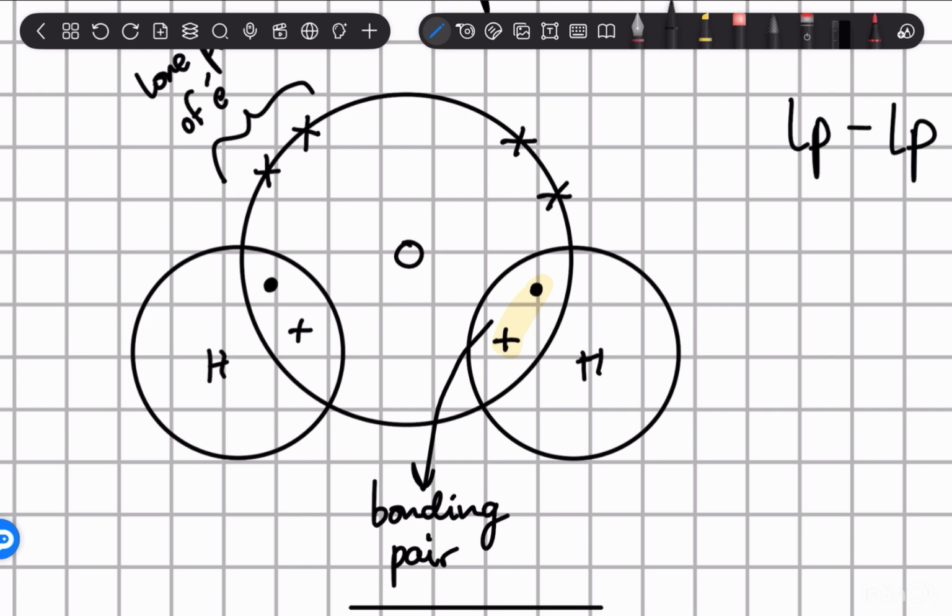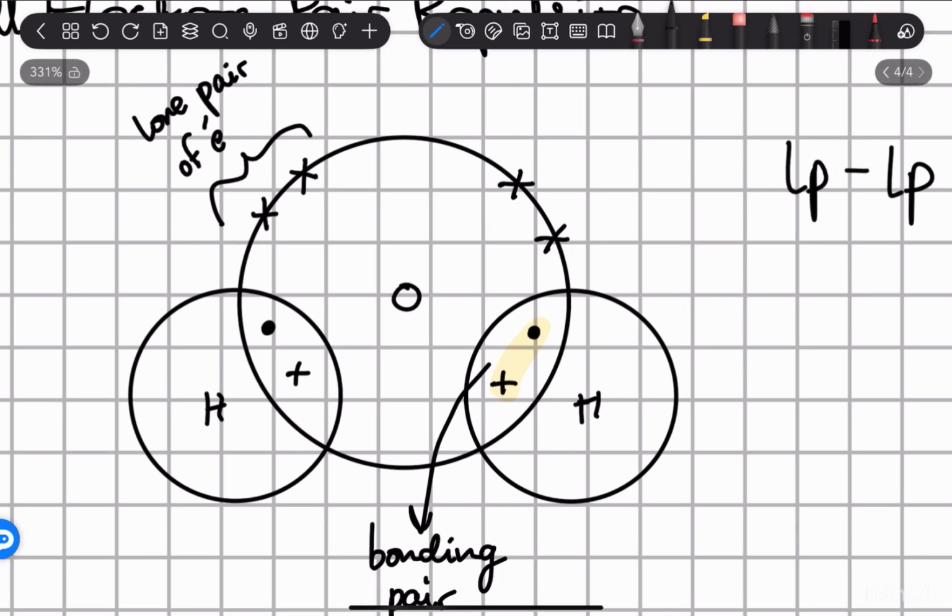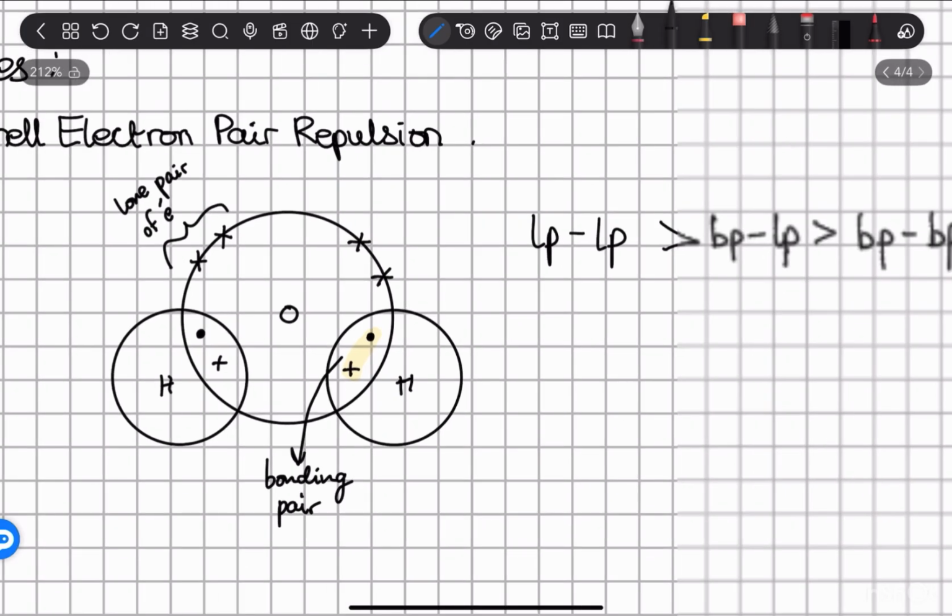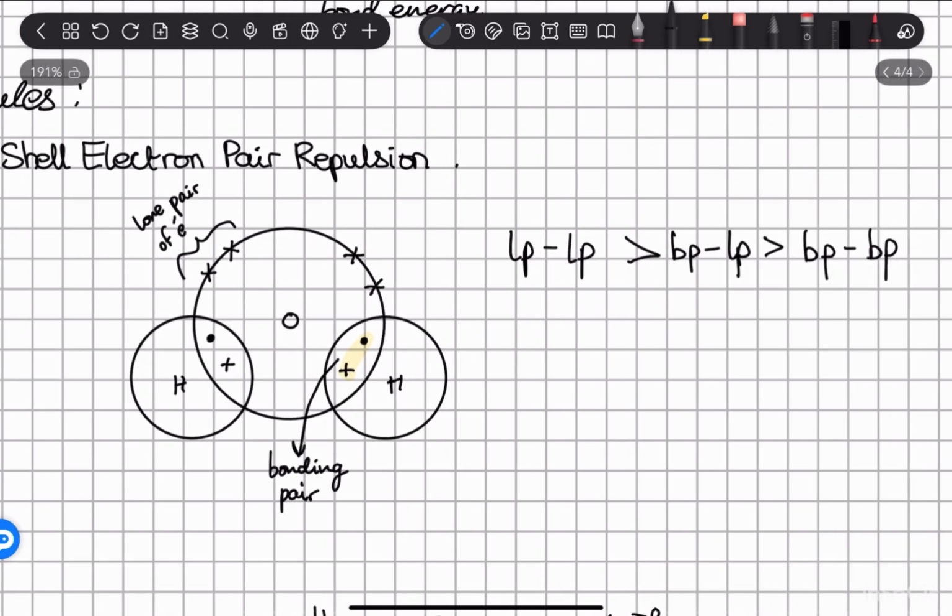So these lone pairs will repel the lone pairs more, bonding pairs repel bonding pairs, but they don't do it with as much hatred as the lone pairs do it. These guys are certified haters. The bonding pairs are just learning how to hate on each other. That's how I will explain it.